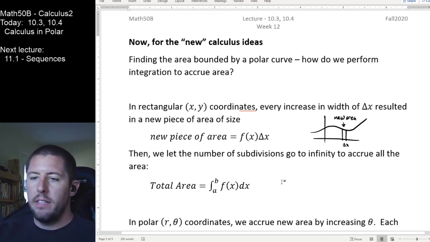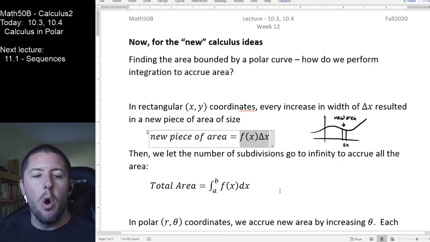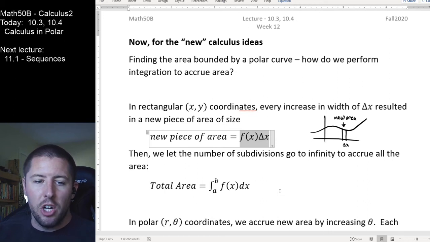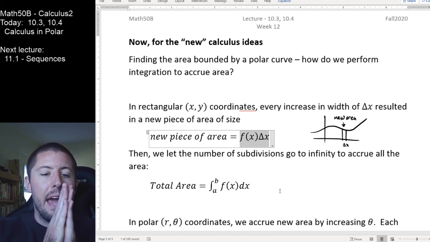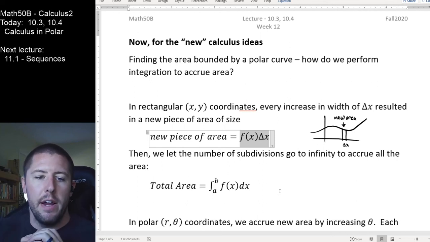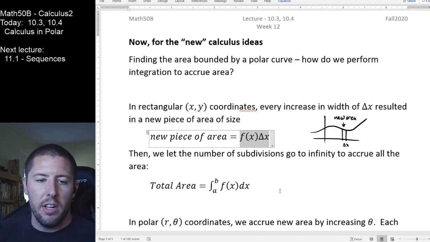And we did that from A to B. So all we really had to do to know how to compute the total area underneath a curve was to understand how much new area you get when you increase the parameter of integration by a little bit. Here our parameter of integration was x, and so we said if you make x a little bit bigger, then you've added a new rectangle's worth of area. If we think about adding up all of those rectangles, that's literally all the integral is: just add up all the rectangles from A to B.